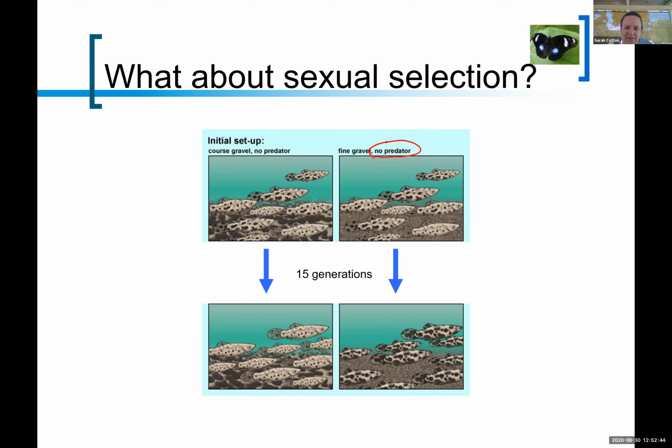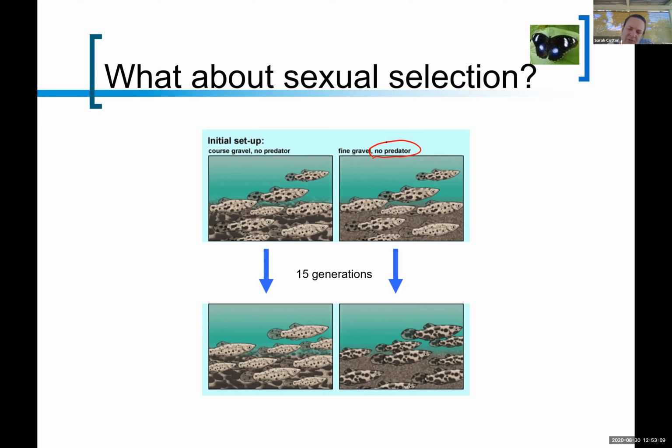Let's see what happens. Let the guppies be guppies. They're like rabbits of the water, man. They just make babies like crazy. If you have a tank with guppies in it, you will constantly be like, somebody take some guppies. They are incredibly productive. Anyway, okay. So 15 generations later, what happens?